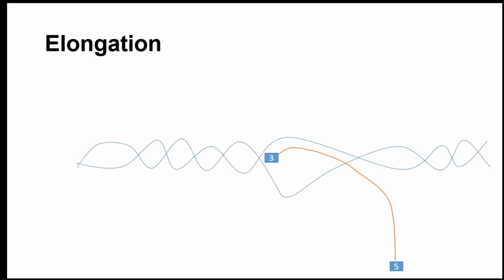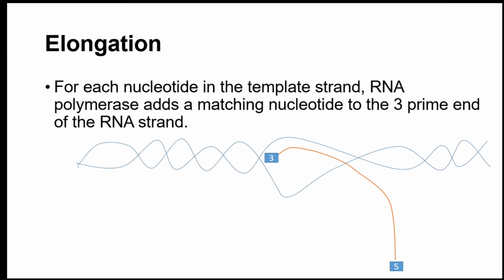Therefore, it has to get completed, and RNA polymerase will still bind to that part of DNA, and then different nucleotides are going to come and bind until the messenger RNA is completed.